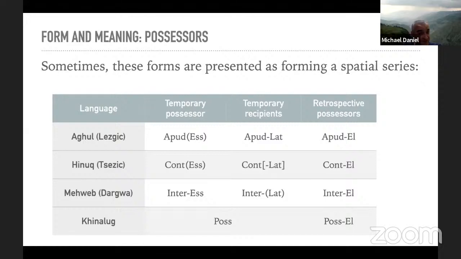And this seems to be systematic in at least some of these languages. You have the same localization marker, apparently responsible for this possessive kind of meaning, and then the directional marker, which is responsible for either possession really, or future possession like recipiency, or retrospective possession like in the case of "I took the book from him."